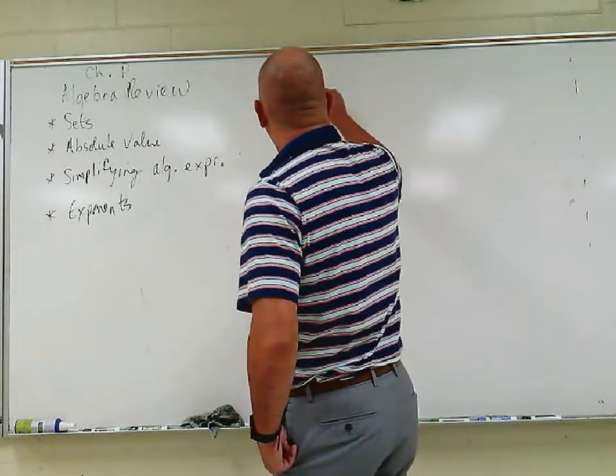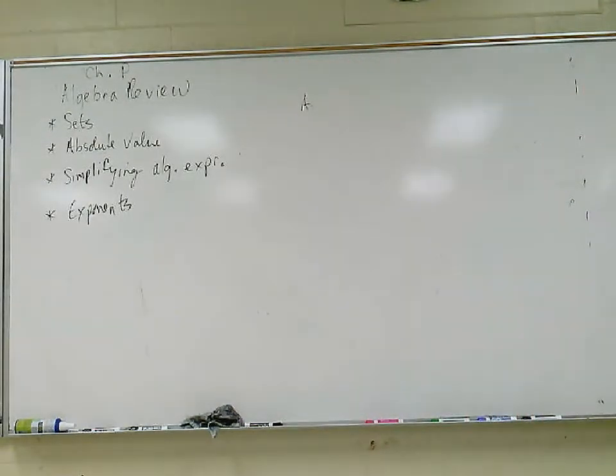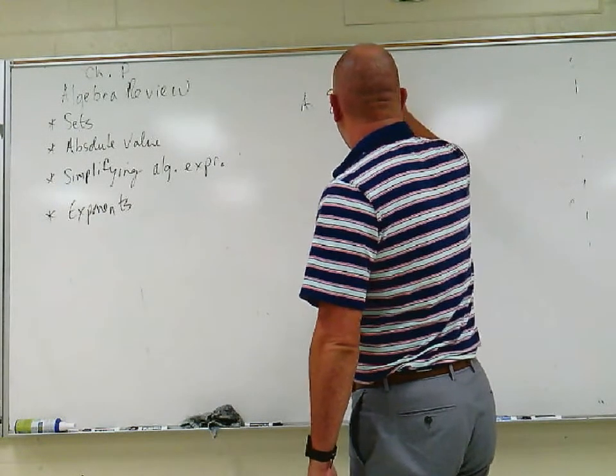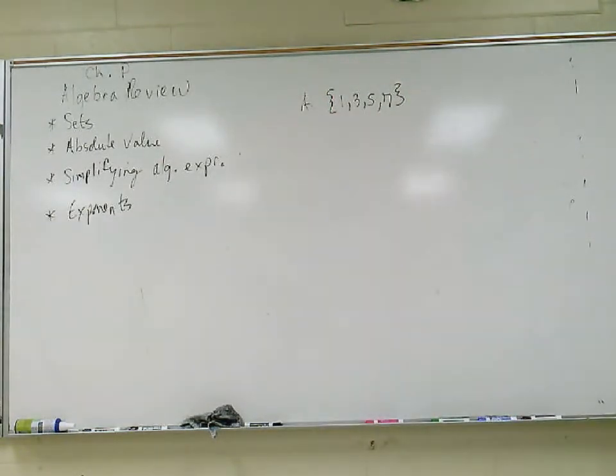What do we typically use for a set? How do we know something's in a set? Braces. We use braces. So we're going to say set A is a set of 1, 3, 5, 7. And we separate each part in there by a comma. What's the term for each part in a set?